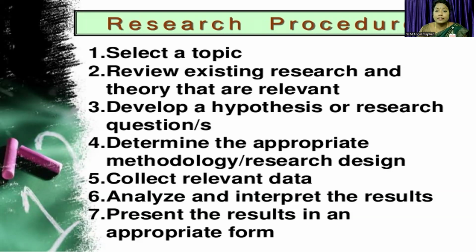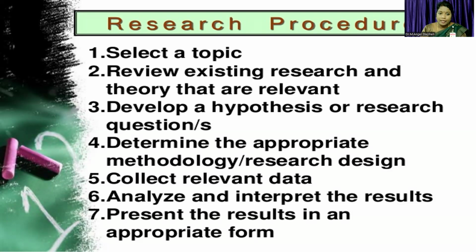Next one is presenting the result in an appropriate form. So while you're continuously analyzing the data using different statistical techniques and also the interpretation of the result, you can finally come to a conclusion about what is the result of your study so far, which you have done. And you have to present the result in an appropriate form.